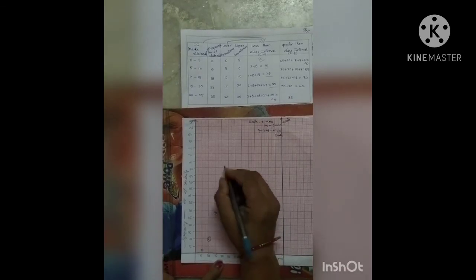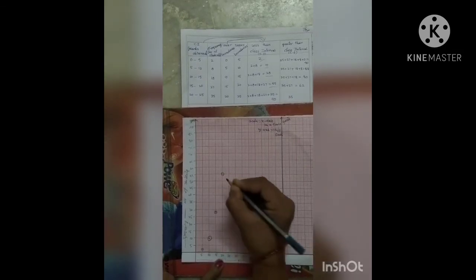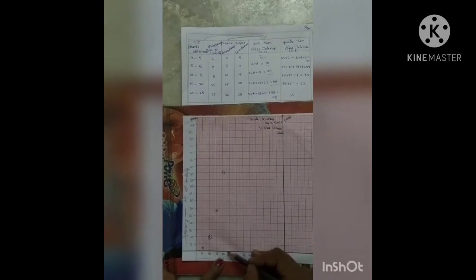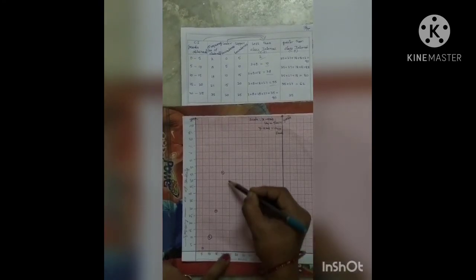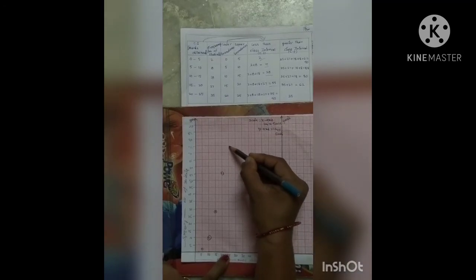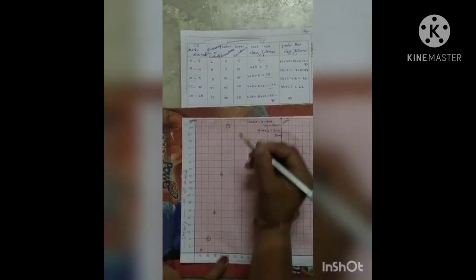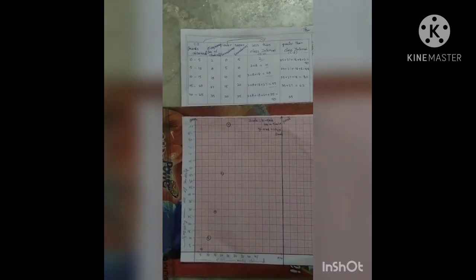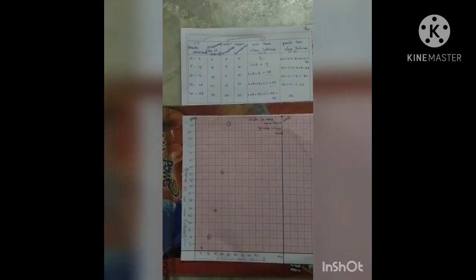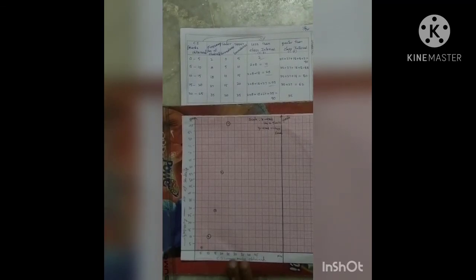Next 90. So here 20 to 25 is the 90. Yes. It is a greater than cumulative frequency.